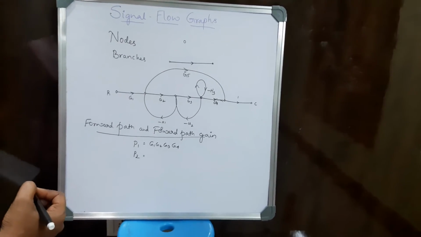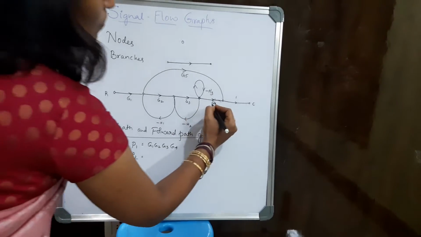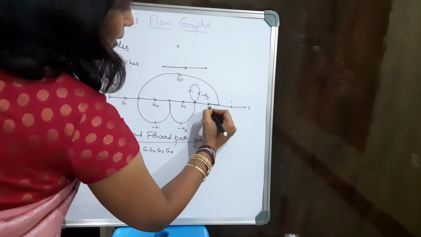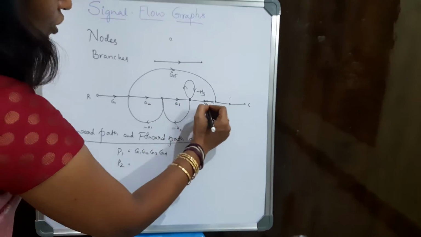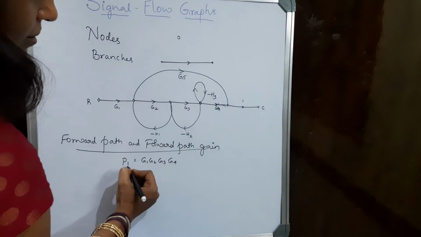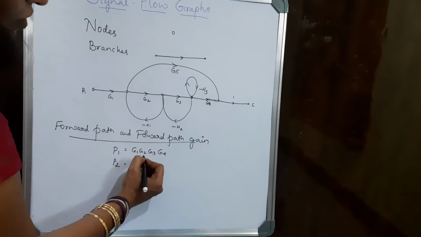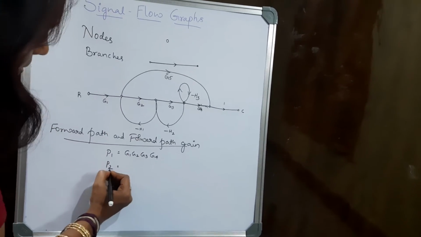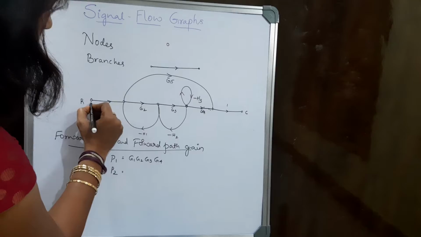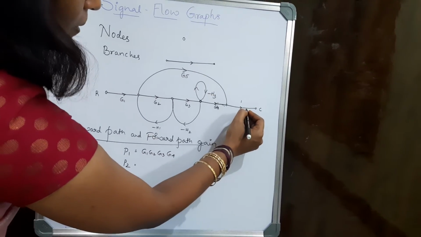The forward path gain is defined as the product of gains in the forward path. I have just multiplied each of these gains, that is G1, G2, G3, G4, and considered this as forward path P1 with its respective forward path gain. On the other hand, I have another path, P2, having G1, G5, multiplied by 1.